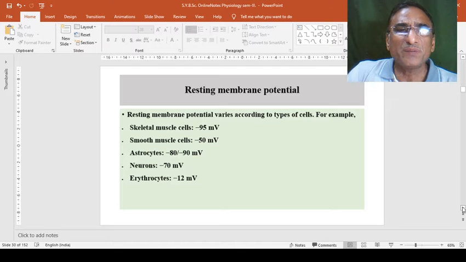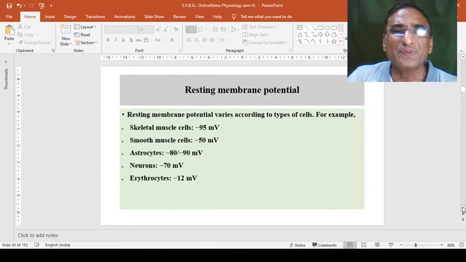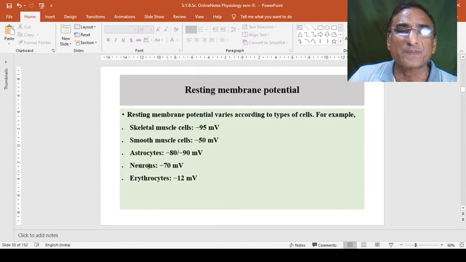The resting membrane potentials observed by some workers in different cells or tissues are given here. For example, the resting membrane potential in skeletal muscle cells is generally minus 95 millivolts. In smooth muscle cells, it is minus 50 millivolts.